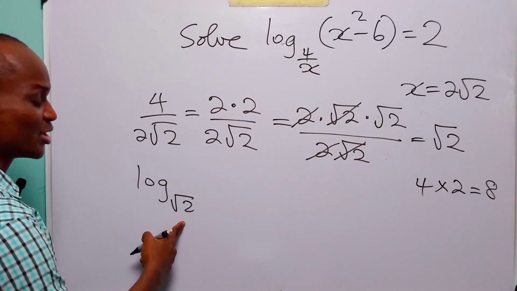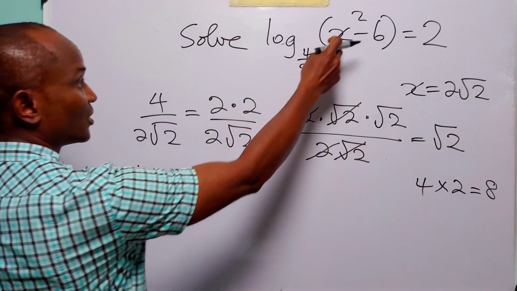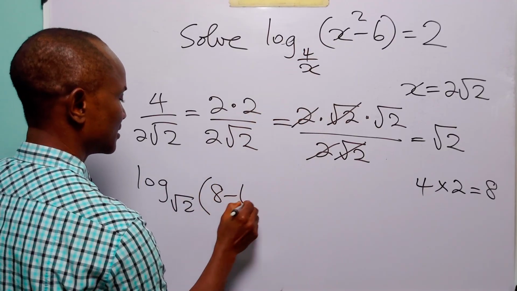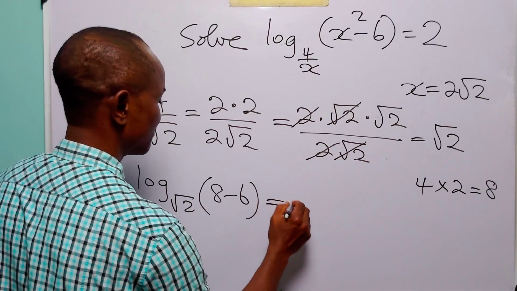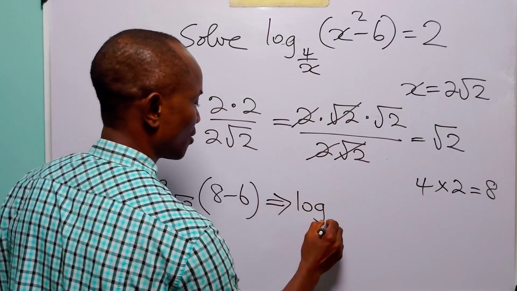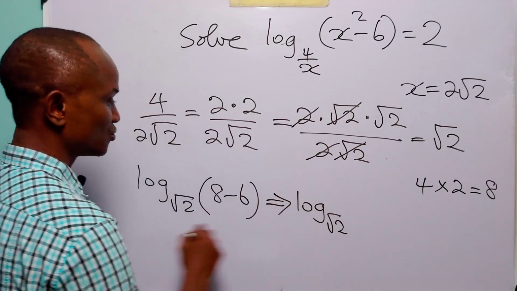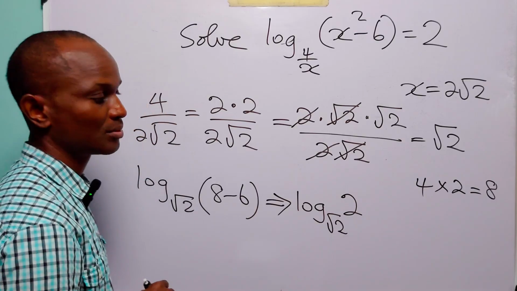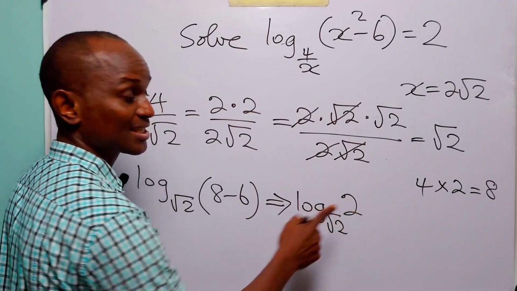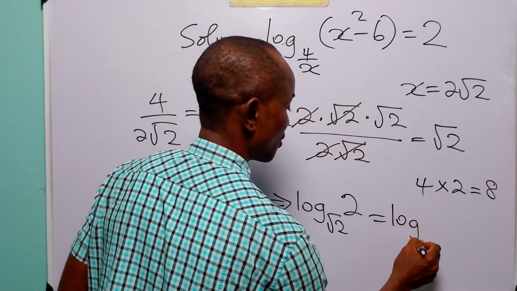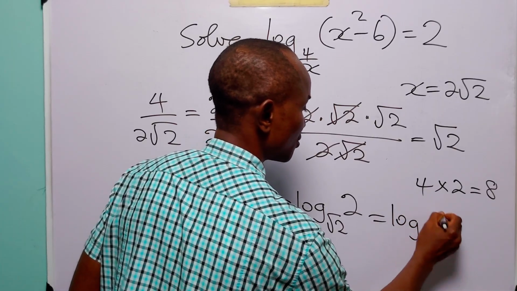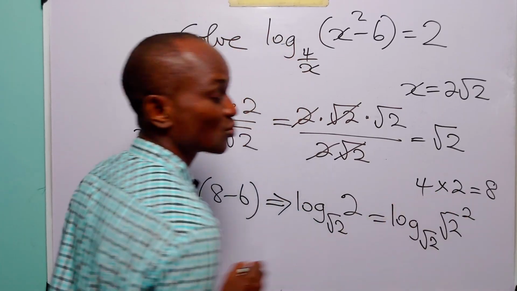So this is log to base root 2 of 8 minus 6, which is the same as log to base root 2 of 2. But of course, we know that 2 is equal to root 2 squared. So this is equal to log to base root 2 of (root 2) squared.